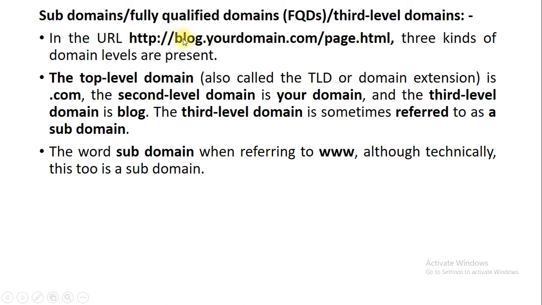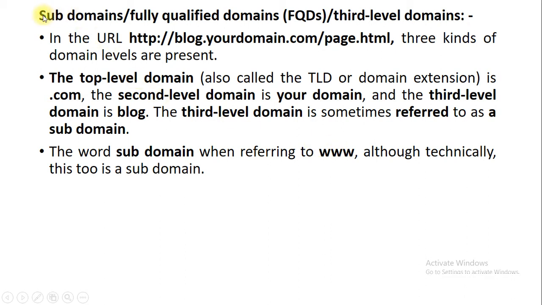So remember one thing, in blog.yourdomain.com, the first level or top level domain is called .com, second level domain is called yourdomain, and blog stands for third level, or we can say it is called subdomain, right? So third level domain can be referred to as a subdomain also, and you can refer to it with the help of www, that stands for World Wide Web.